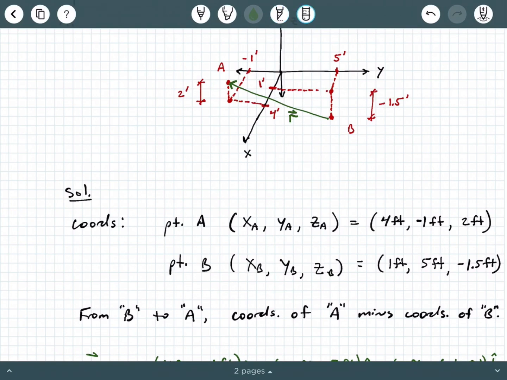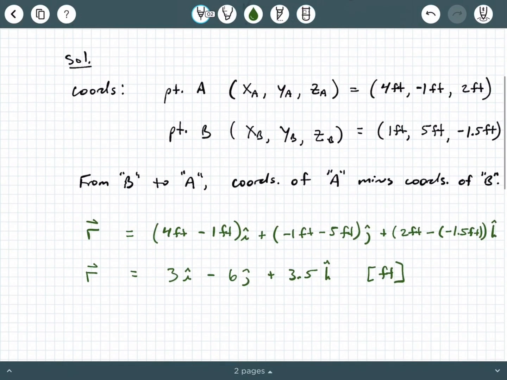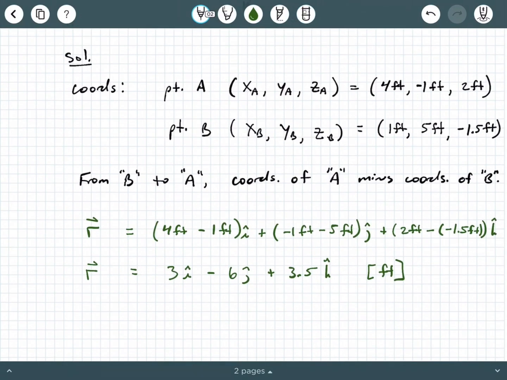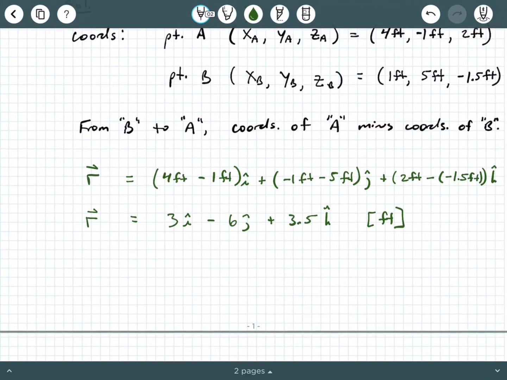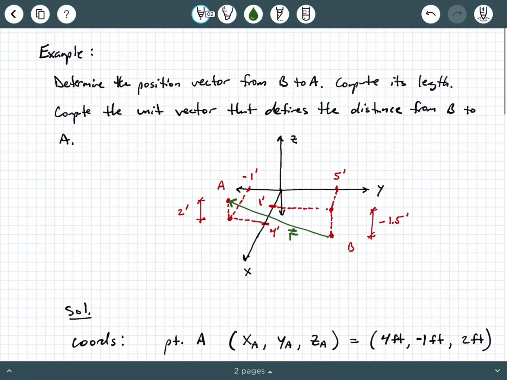When doing the mathematical operations, you're always saying the second coordinate minus the first coordinate, which is why we said coordinates of A minus coordinates of B. So just be organized with it and keep things straight in your head. I've flip-flopped things plenty of times because I made that mistake.